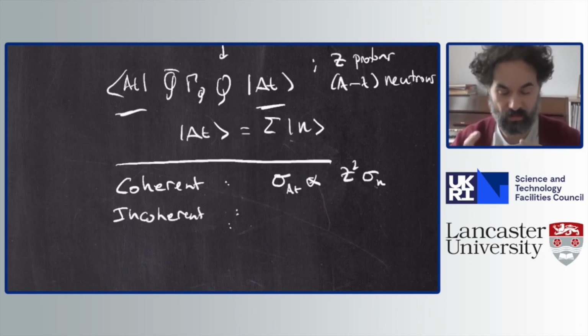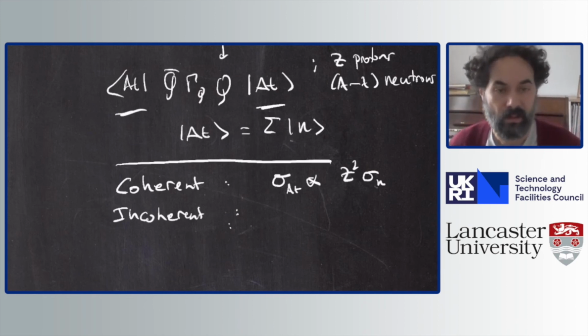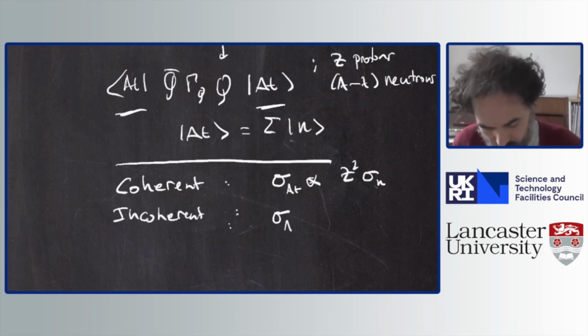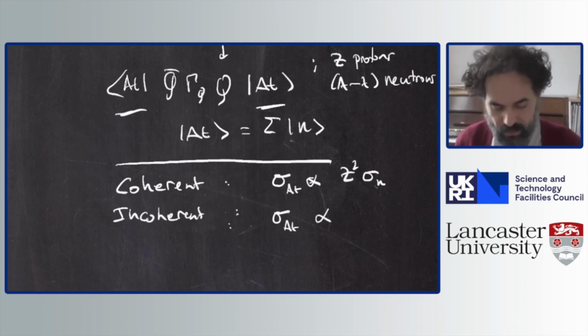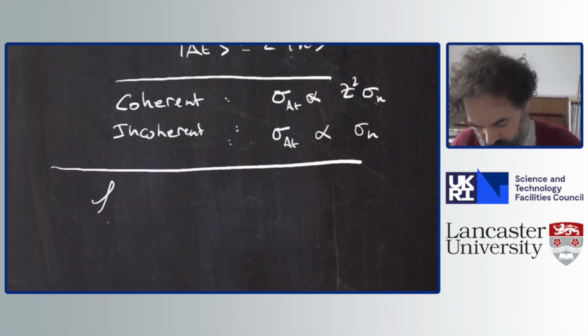They have different spins, each of them will be up or down, so the average spin is not going to be 0, but it's not going to be proportional to the number of nucleons either. So in this case, the scattering with the atom or with the nucleus is basically proportional to the scattering with the nucleons.